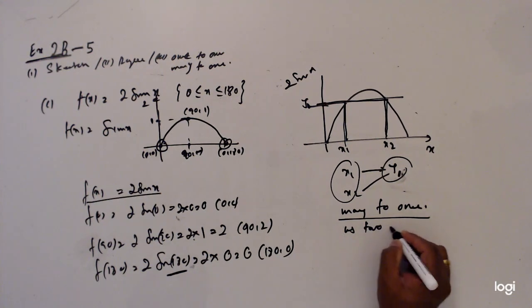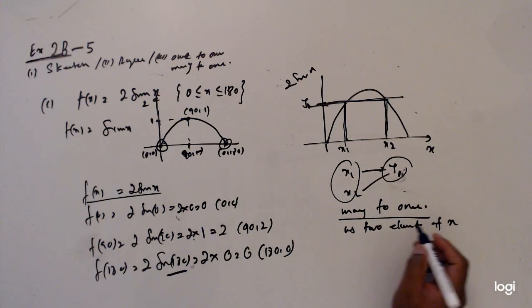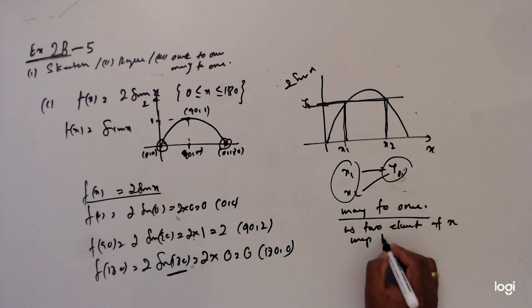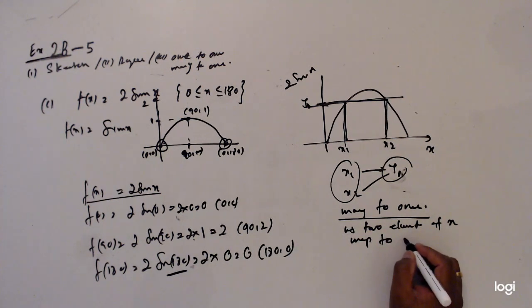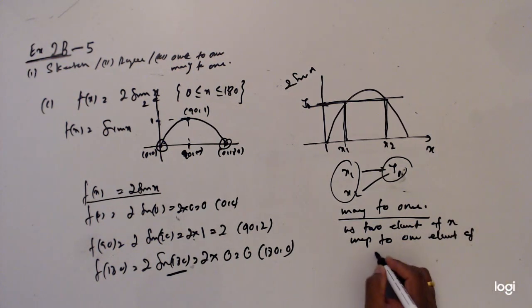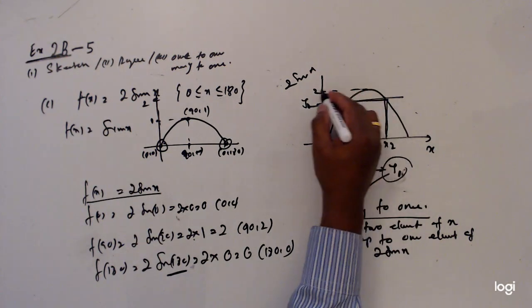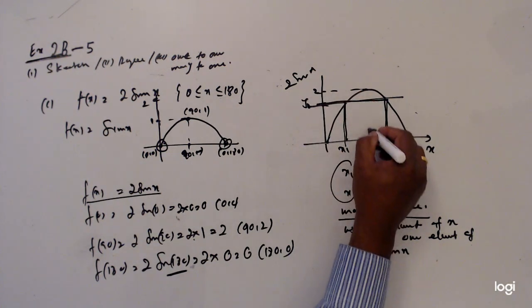As two elements of x map to one element of 2 sin x, and the range is going to be any value.